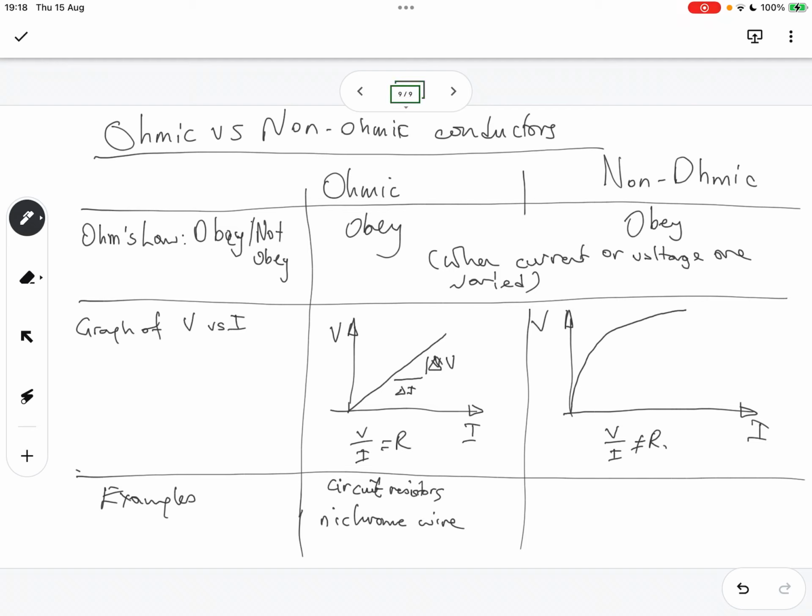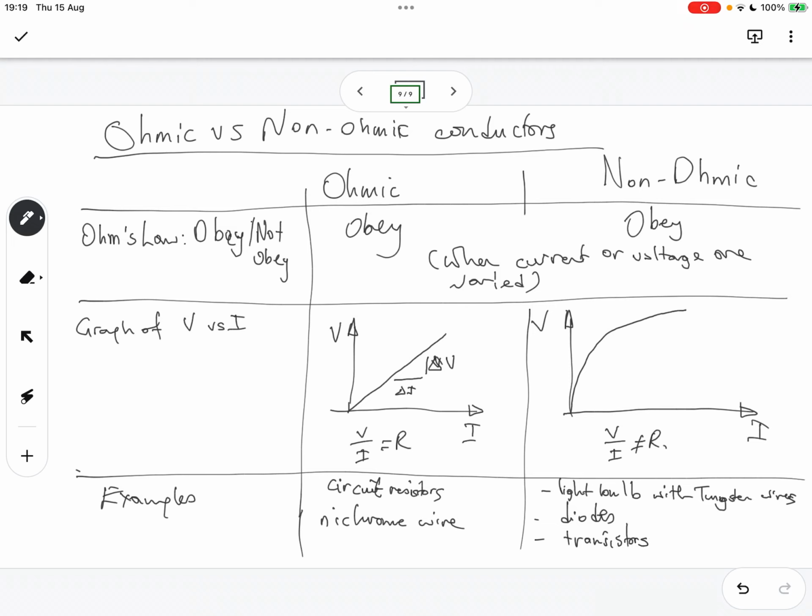All right. And then non-ohmic conductors: light bulbs with tungsten wire, diodes and transistors.